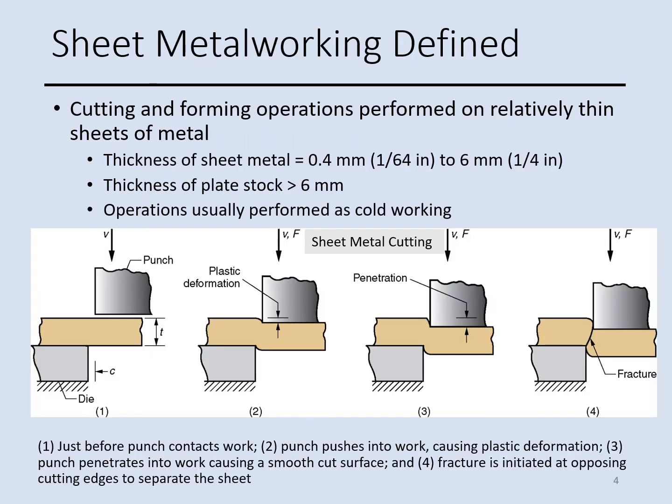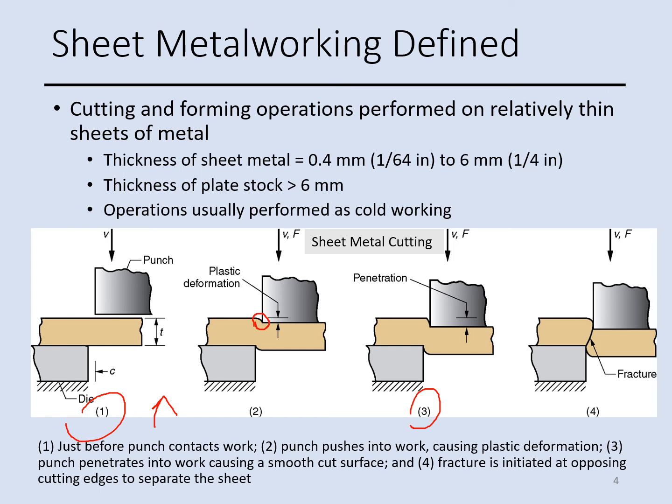The first sheet metal working process is cutting, and here in this schematic, as you see, we have different stages for the cutting operation. In the first one, we have the punch, which is approaching toward the plate, and then in the second step, we have some plastic deformation on the upper surface of the sheet metal, and then in step 3 we have penetration on the sheet metal.